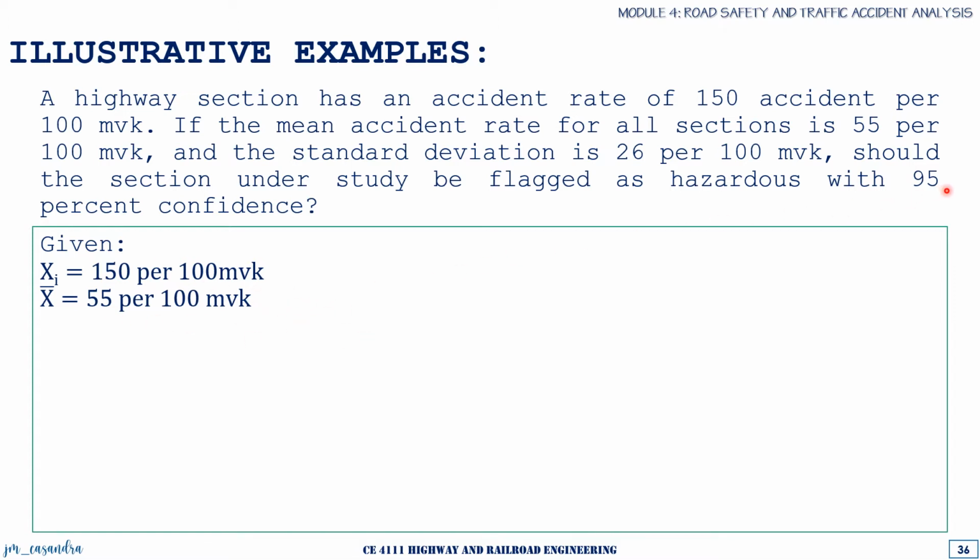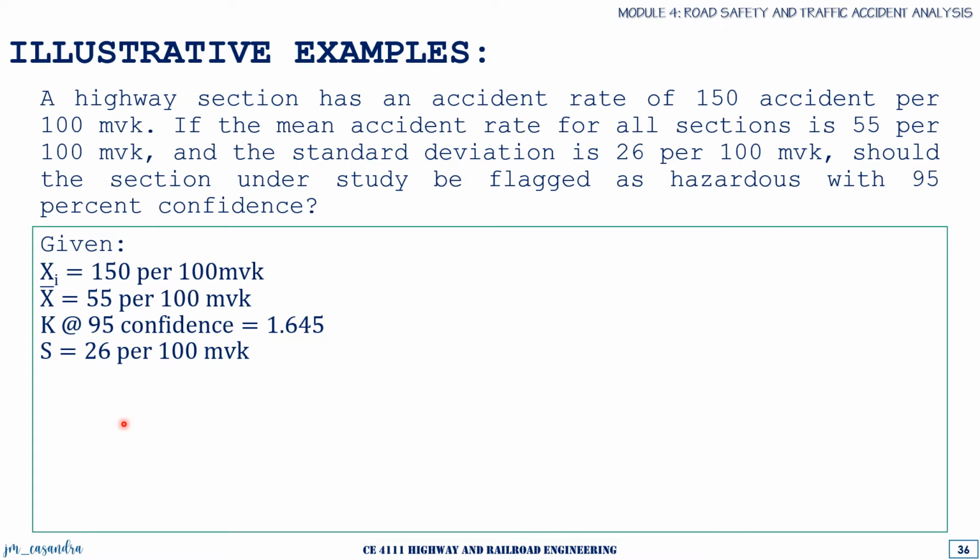So we're given a level of confidence of 95, in which the k-value is equivalent to 1.645. We are given standard deviation of 26 per 100 MVK. So before we solve or continue solving, make sure that these values would be the same. So all of the values should be the same na per 100 MVK.